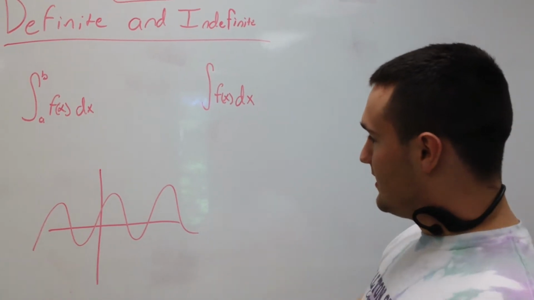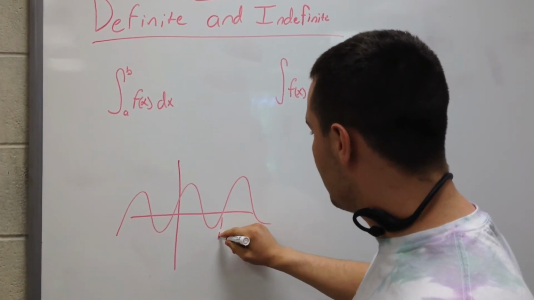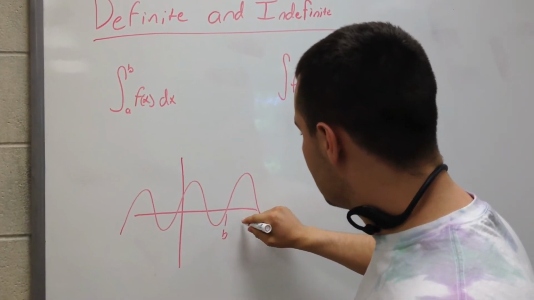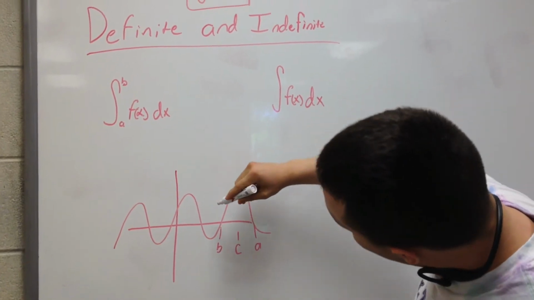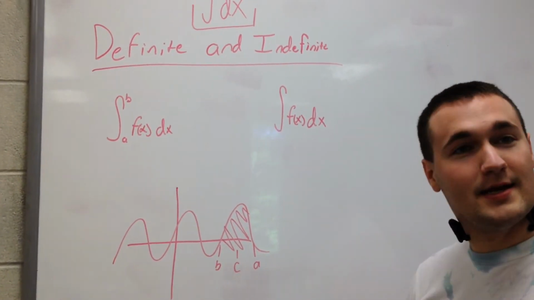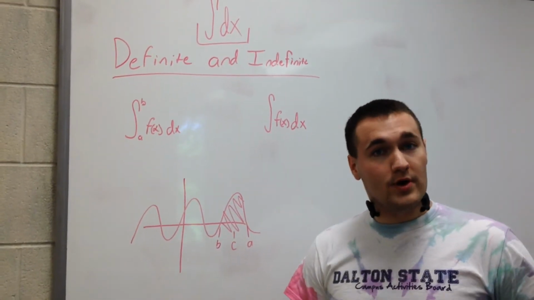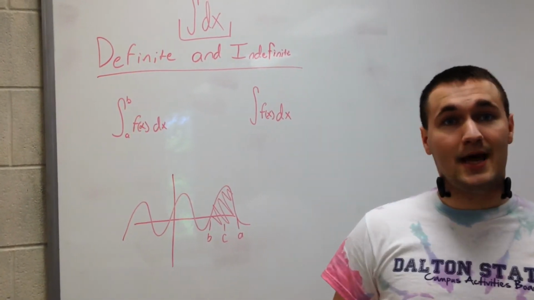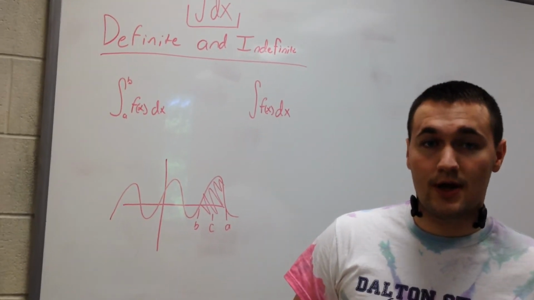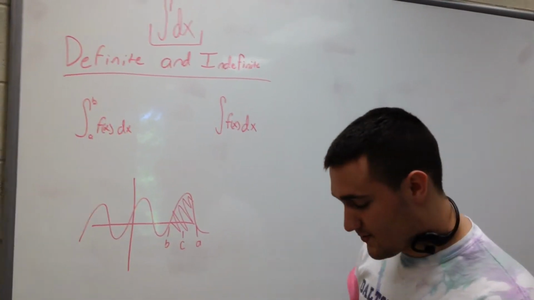Say here is my B and there's my A. I want to find a point C, and I want to find the area within B and A. By doing the definite integral, we're going to be able to find out exactly what that area is, because every time you're integrating a definite integral, it's always going to find the area using those points.